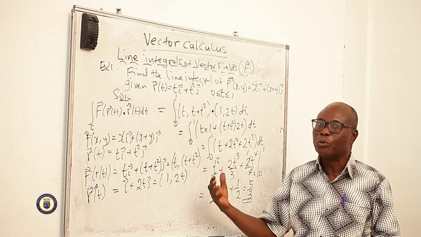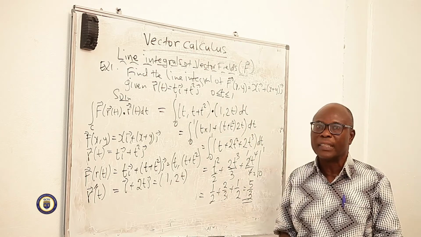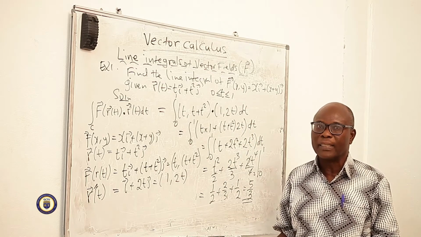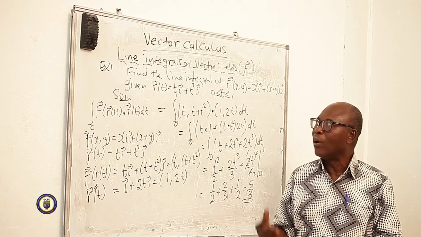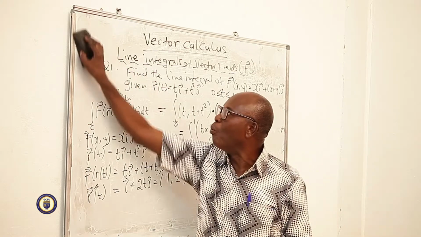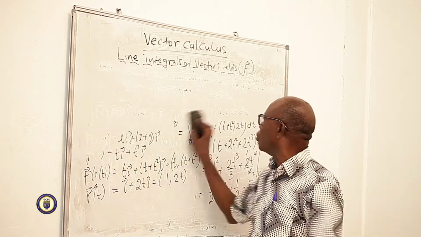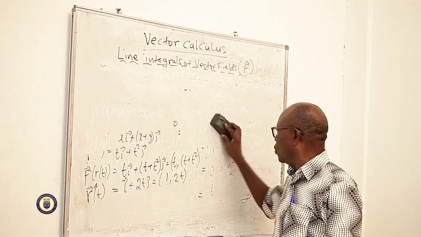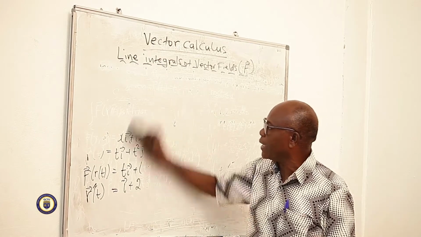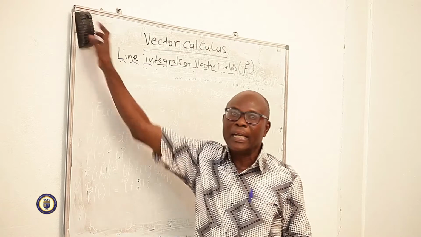We're going to take example 2 where the vector field is in space, that is made up of x, y, and z. So quickly we can take off this example 1 and then we'll look at example 2 to do the line integral of a vector in space.